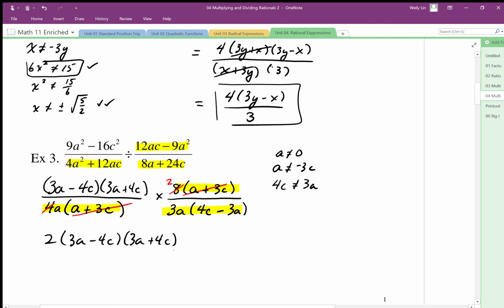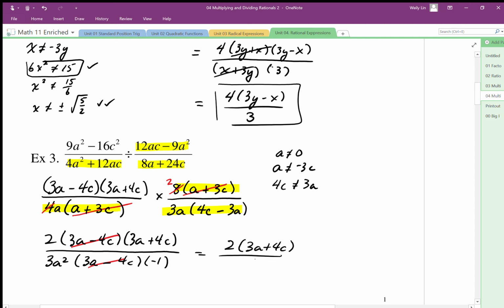In the denominator, I have 3a squared. And I'm going to factor out the negative here, so I end up with 3a minus 4c times negative 1. Then I can cancel out those final factors, and I can rewrite the expression as 2 times 3a plus 4c over negative 3a squared.